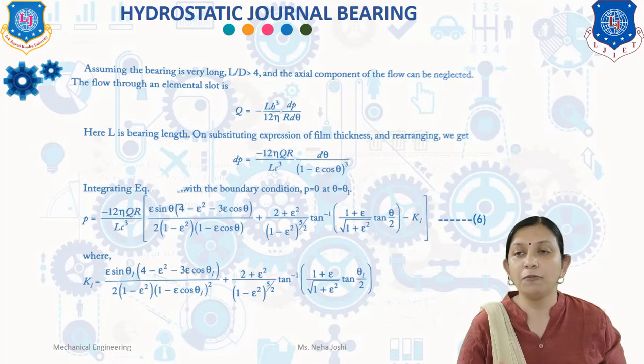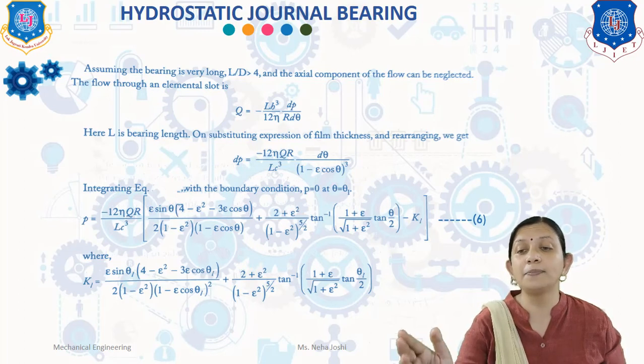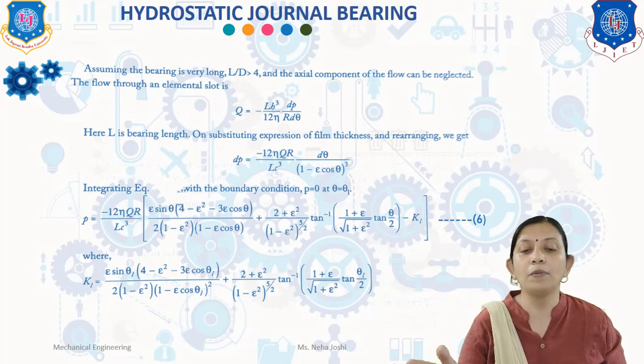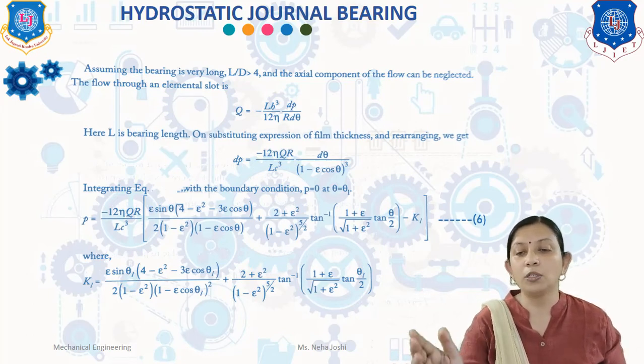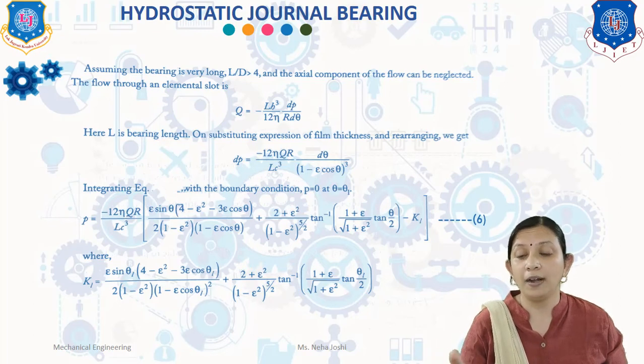On substituting the expression of film thickness and rearranging, we get the final equation for p: p = -12ηQR/(LC³) times [ε sin θ (4 - ε²) - 3ε cos θ] / [2(1 - ε²)(1 - ε cos θ)²] plus 2 + ε² / (1 - ε²)^(5/2) tan⁻¹[(1 + ε)/√(1 + ε²) tan(θ/2)] minus k1, where k1 is the same expression evaluated at θ = L.